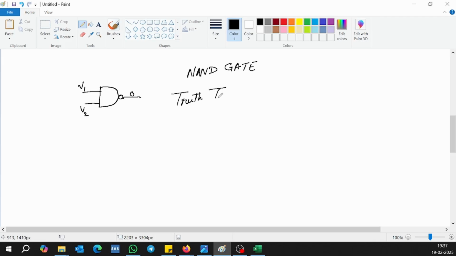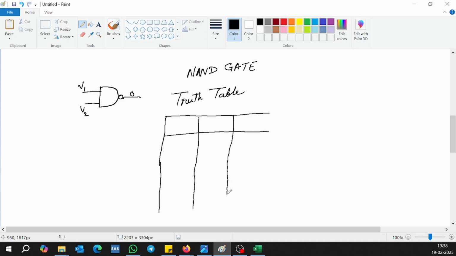Truth table. So this is how it will look like. So we have again V1, V2 and output.